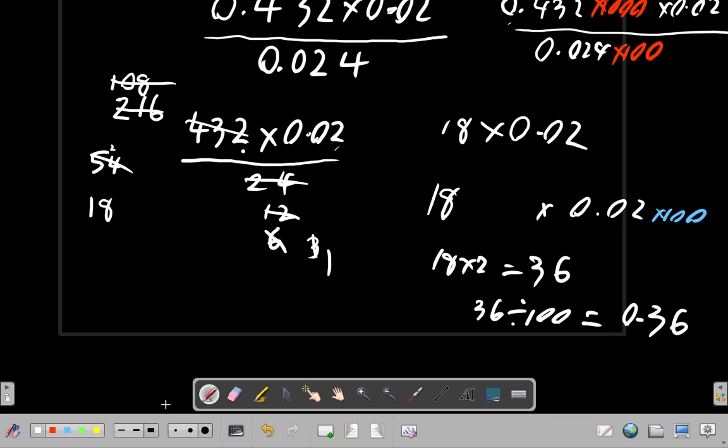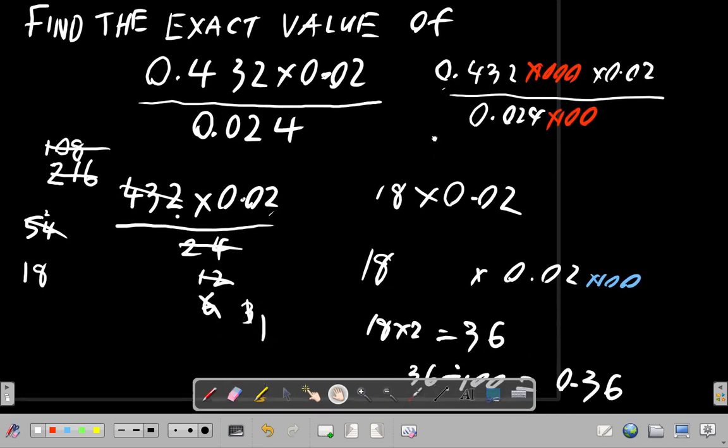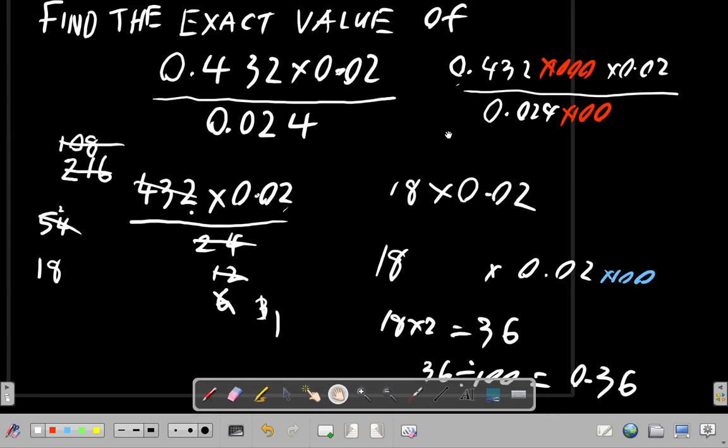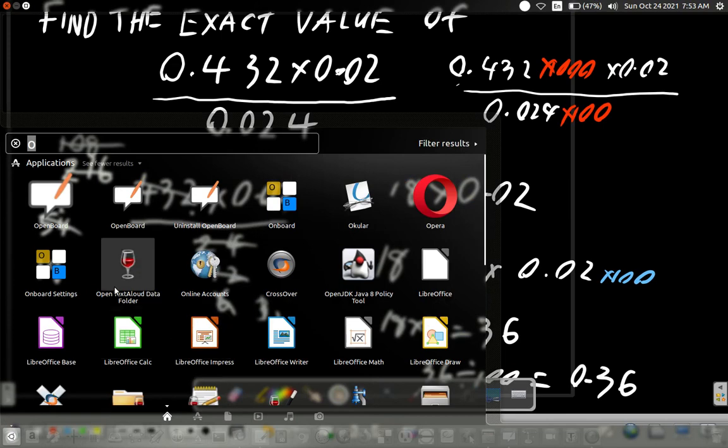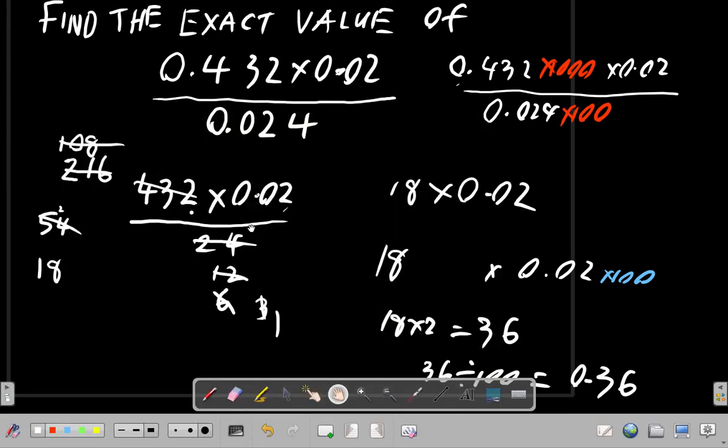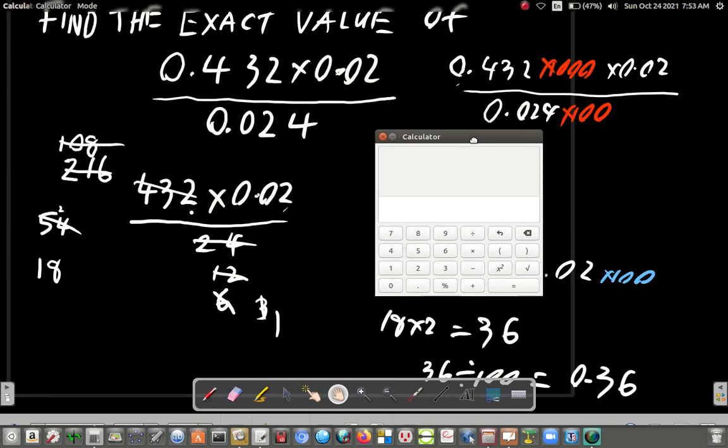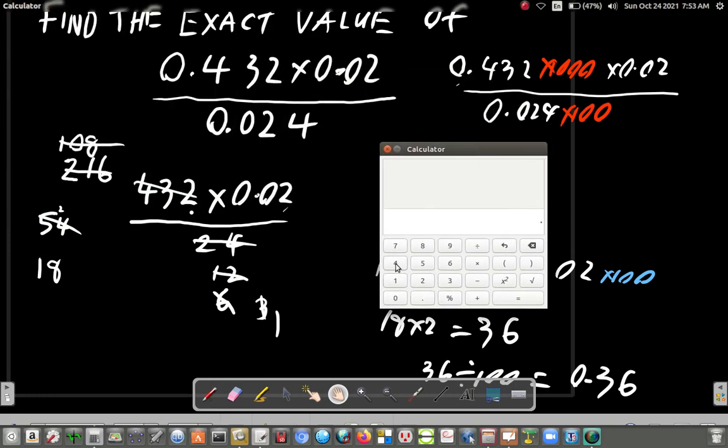But anyway, they did not tell us not to use a calculator, so let's go right ahead and use our calculator. Where's my calculator? Alright, I have it here. Remember, it's good to practice these things without a calculator.